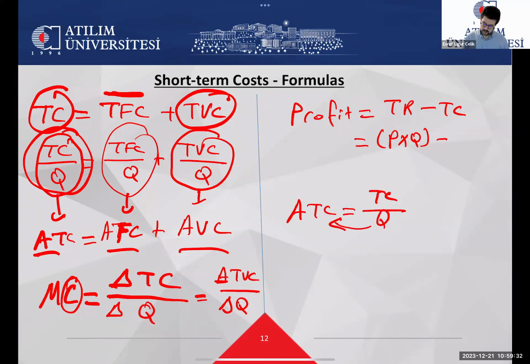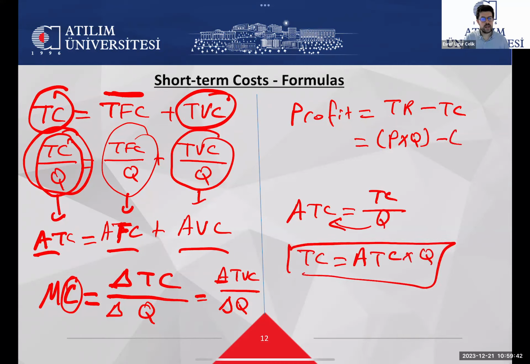Let's move to the other side. Total cost is equal to average total cost multiply quantity. So that profit formula turn into that way. Price minus average total cost multiply quantity.